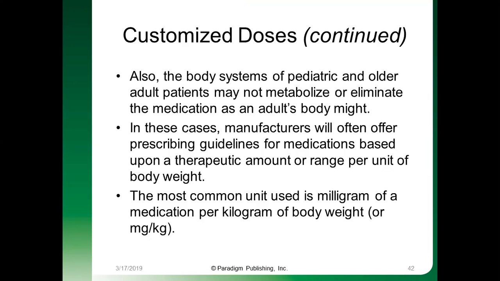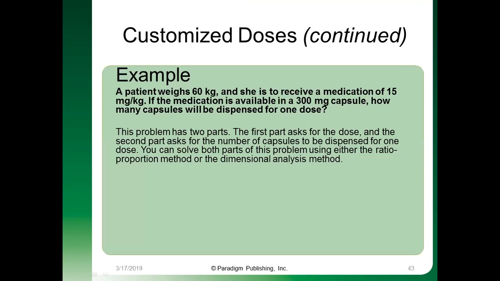The most common unit used is milligrams of medication per kilogram of body weight, or mg per kg. So for example, a patient weighs 60 kilograms and she is to receive a medication of 15 milligrams per kilogram. If the medication is available in 300 milligram capsules, how many capsules will be dispensed for one dose?